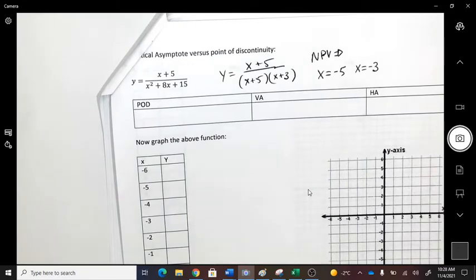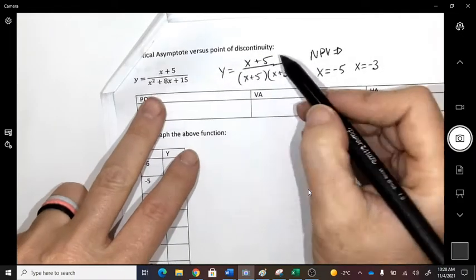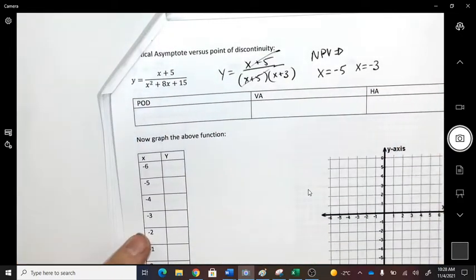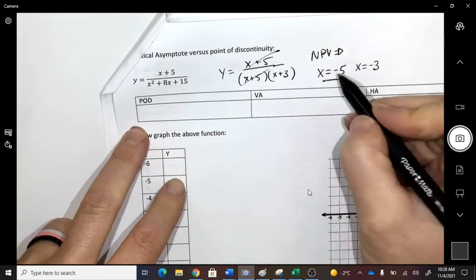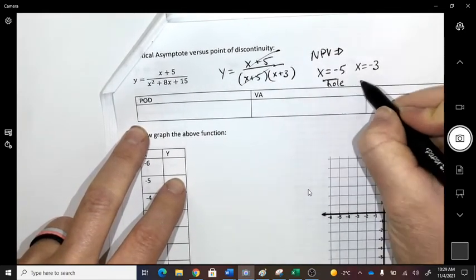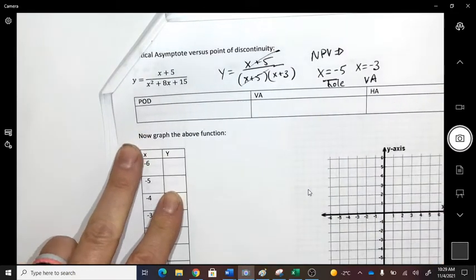Okay, those values right now are asymptotes unless there's been a cancellation. Has there been any cancellations? Yes. Okay, so this one is a hole, and this one is a vertical asymptote.